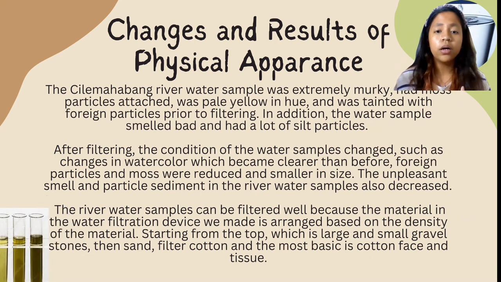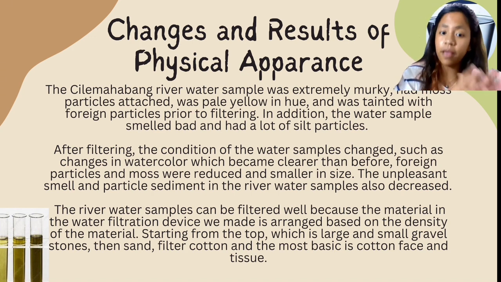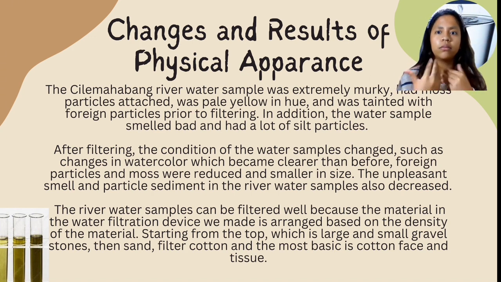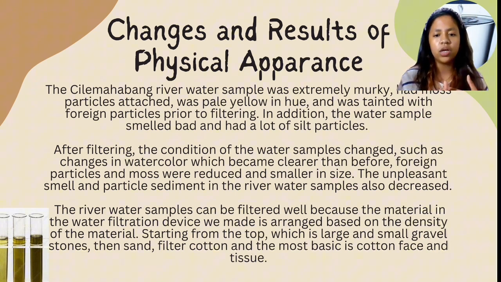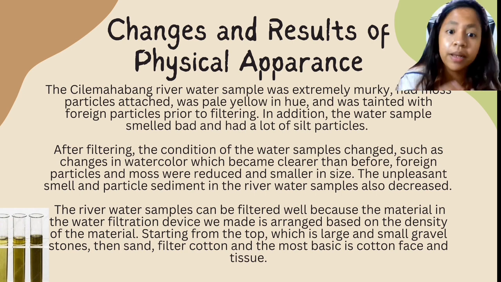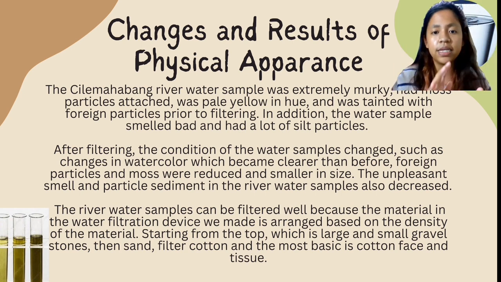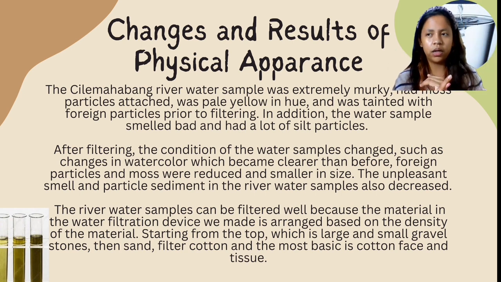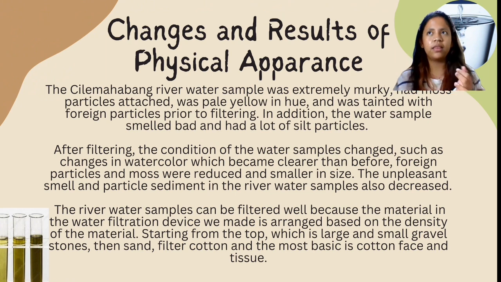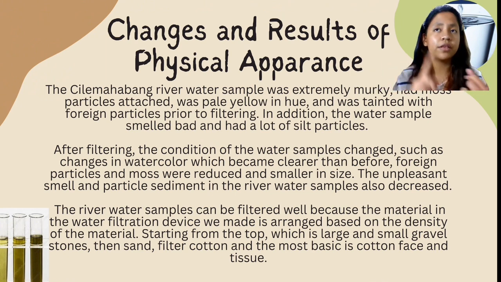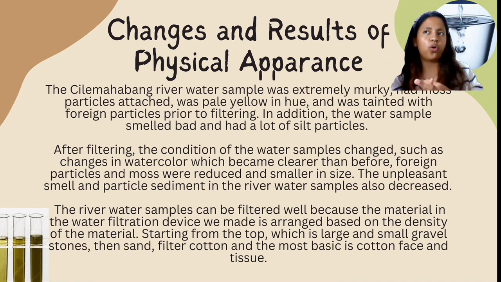The water sample can be filtered well because the materials in our water filtration are arranged based on the density of the material. From the first, gravel or rocks have the highest density, then the second layer is sand, and the bottom side is filter cotton, cotton face, and also tissue paper.